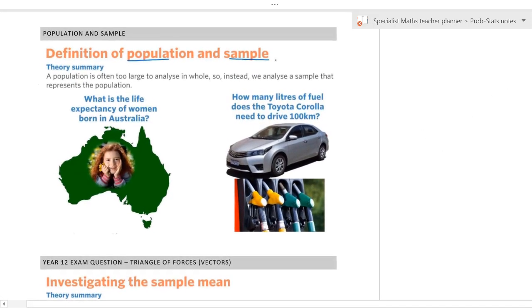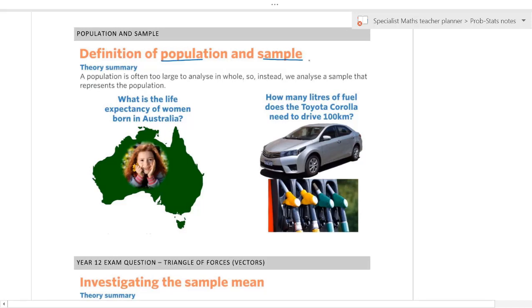Okay, so now let's start looking, because the population of Australia is around about 25 million, and we can't, of course, do a study of everyone in Australia. It wouldn't make sense. So as I was saying, we have to take samples from a population, and what we can say is that the sample mean estimates the population mean.